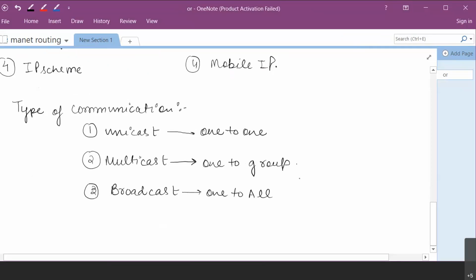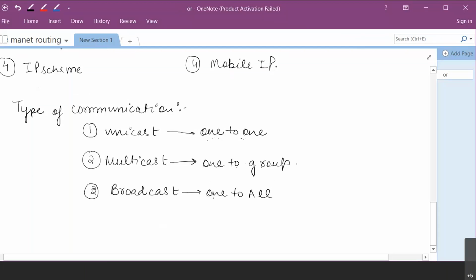Like in a student section, when two students want to communicate with each other, that is called unicast. And in the section, suppose a CR wants to announce some news to all of the group students, all of the batch students, then it is called multicast. And what is broadcast?